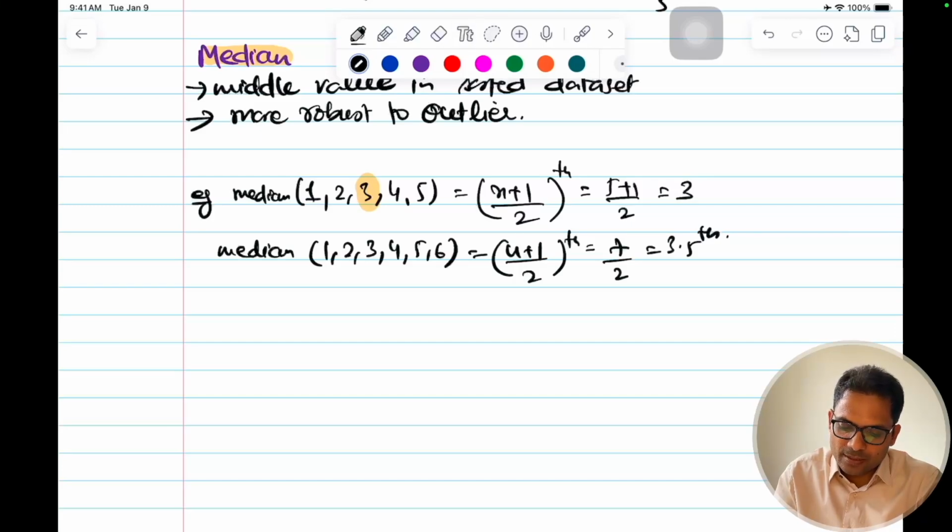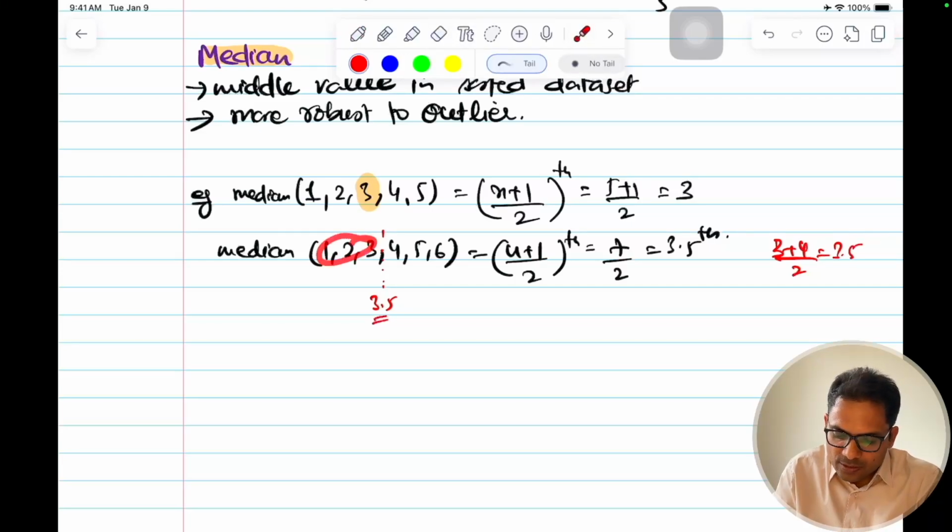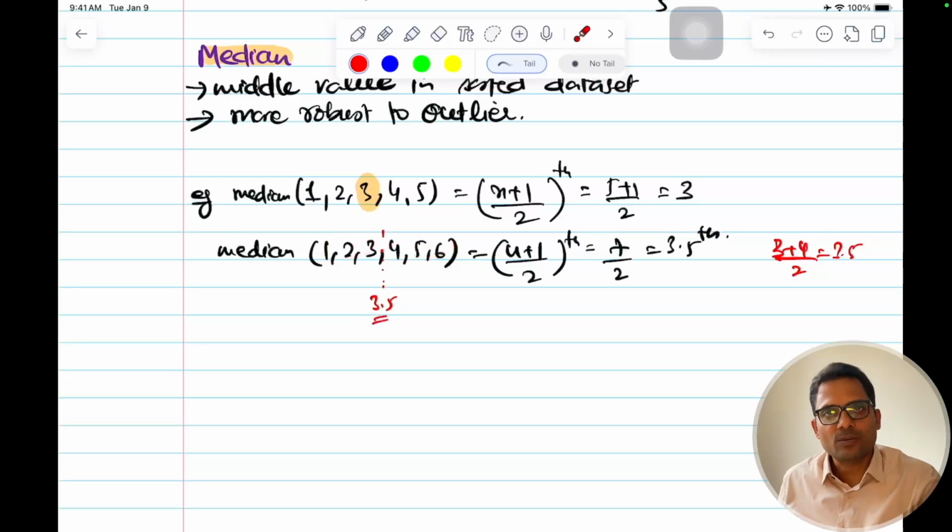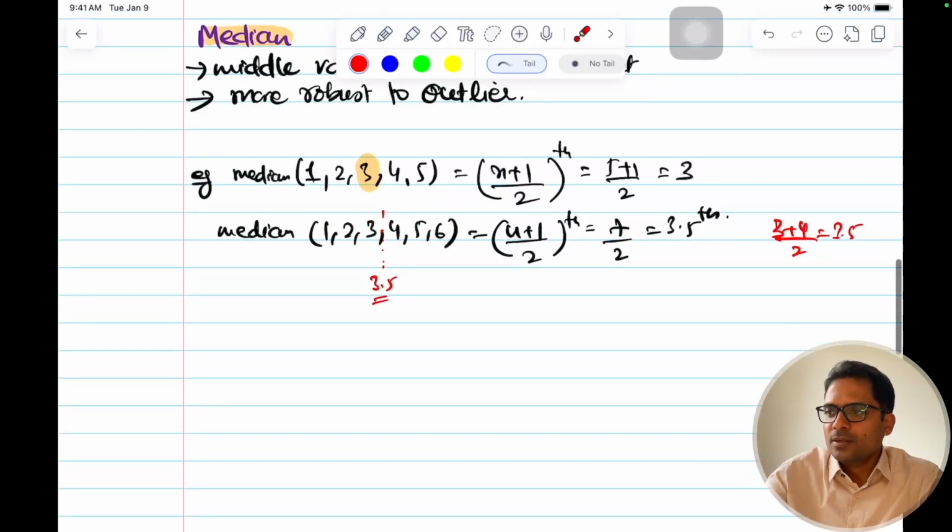So this will be the average of 3 plus 4 by 2, because my data is like that. So even this divides the data into 2 parts. The definition holds, and this is the exact middle. So this is for odd and even.